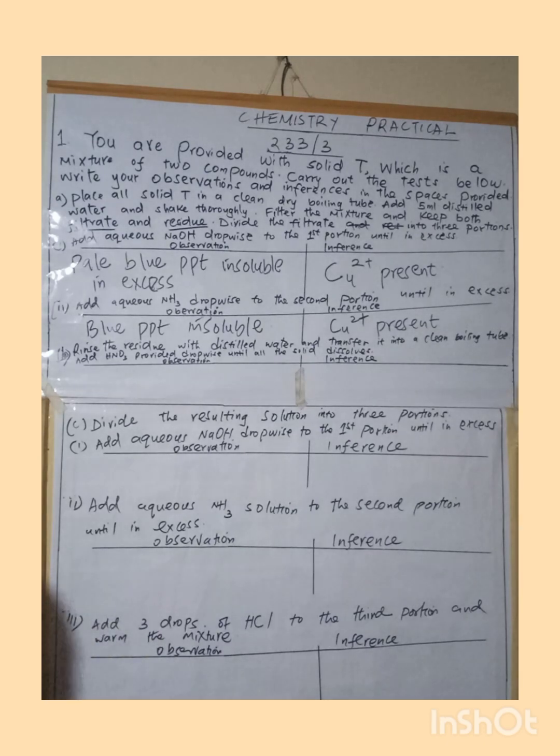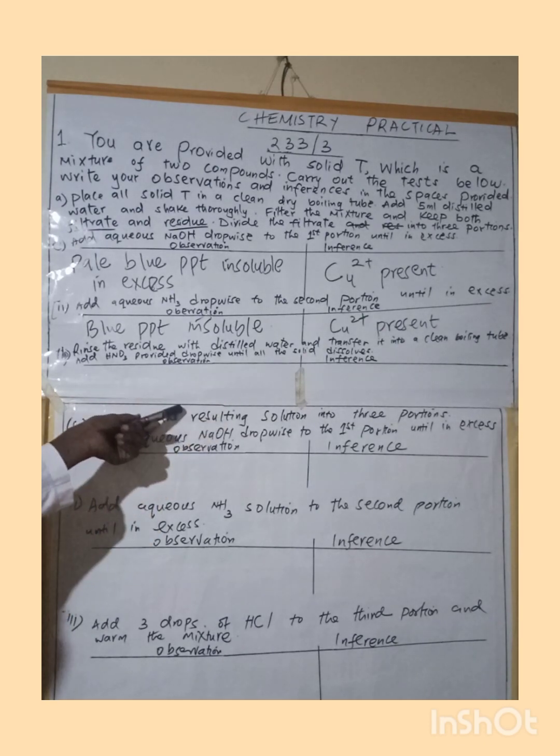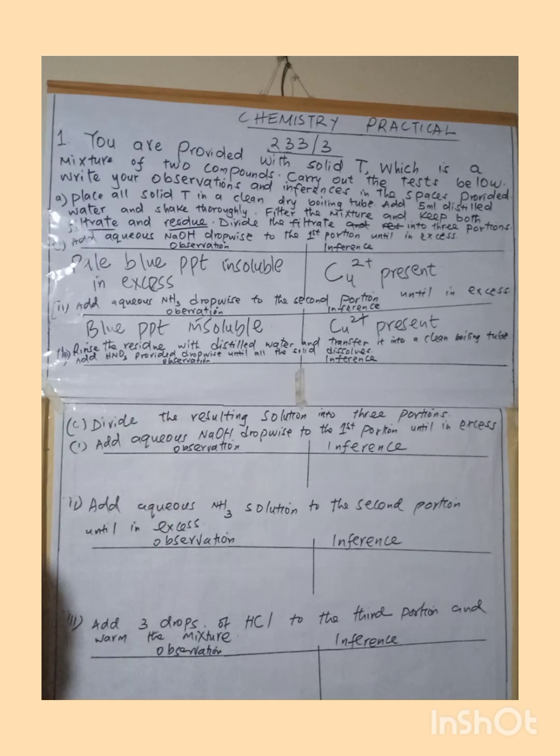Now, in part B, rinse the residue with the distilled water, and then you transfer it into a clean boiling tube. Then you add dilute nitric acid, which is provided, dropwise, until all the solid dissolves.